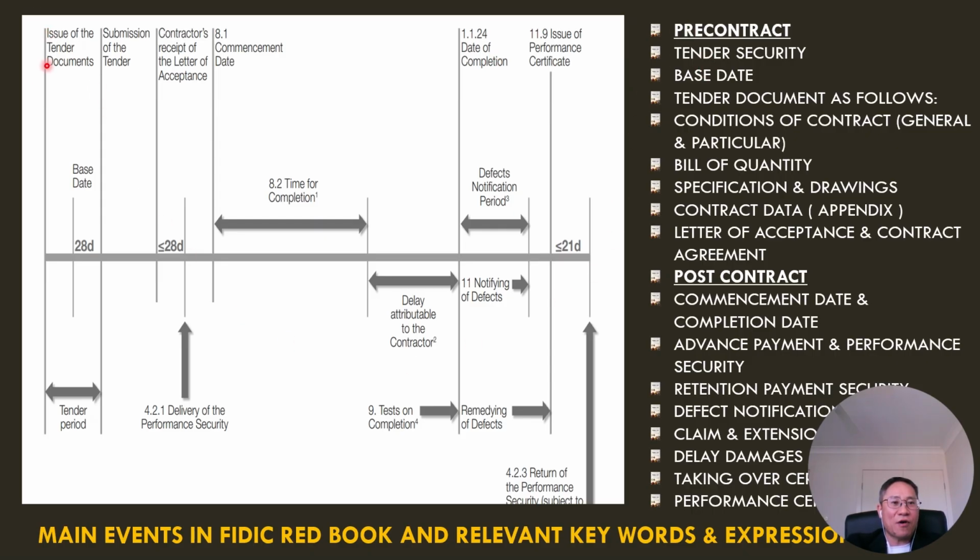Pre-contract is the time from when we issue the tender document to the time when we commence construction. And the post-contract is the period from the construction time to the time the contractor accomplishes their obligations under the contract.